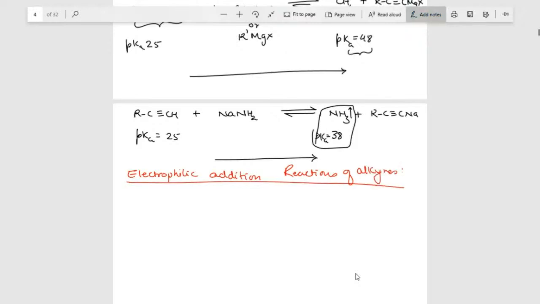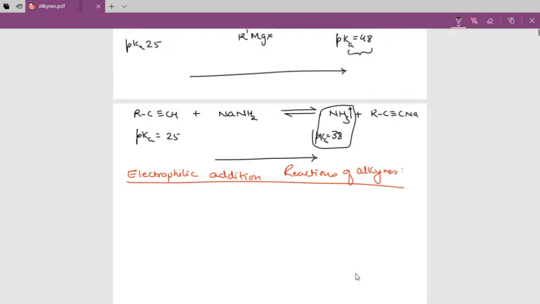In case of electrophilic addition reactions, what will happen? If I have any electrophile to be added, then certainly RC positive double bond CHE or RCE double bond CH positive, two types of vinyl cations are possible.